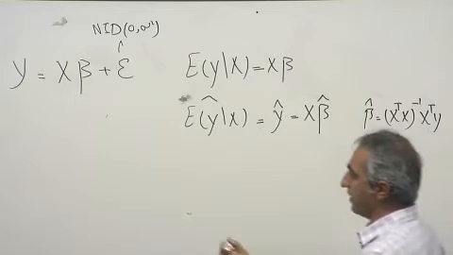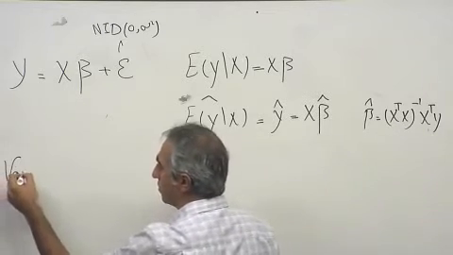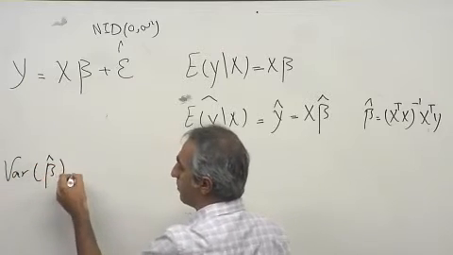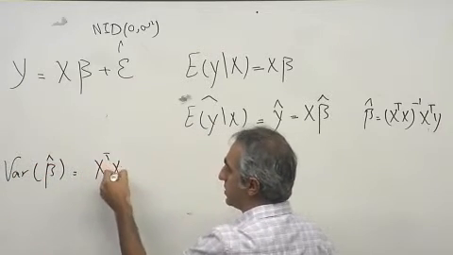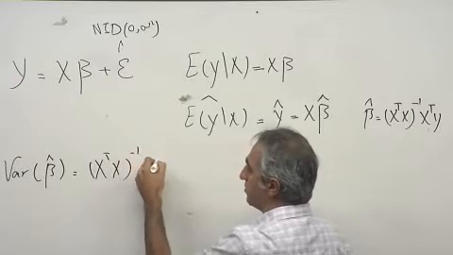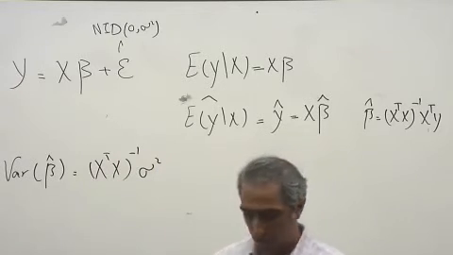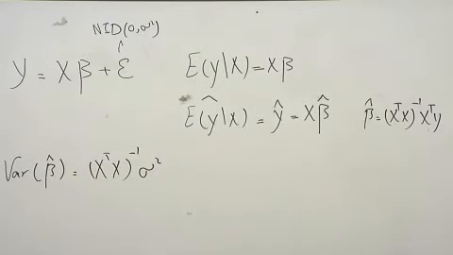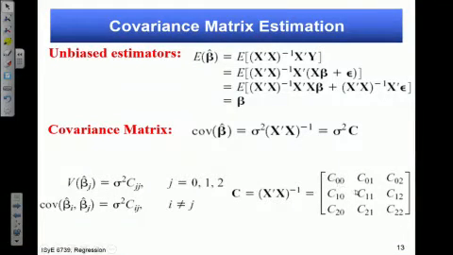And we know that the variance of beta hat, or the covariance matrix of beta hat, is x transpose x inverse sigma squared, and basically the variance of each element of beta hat, which is C00, C11, C22, in the case that we have two variables or three parameters.